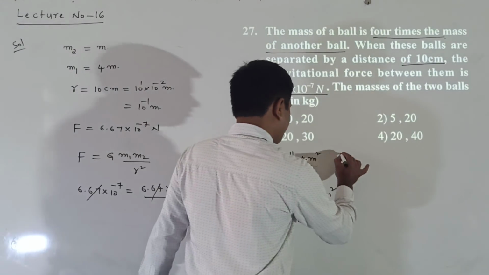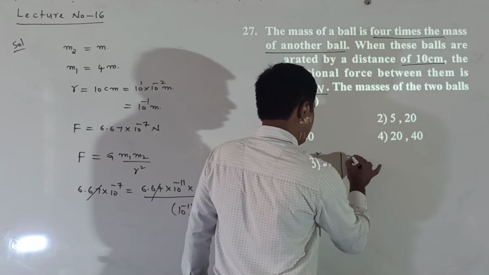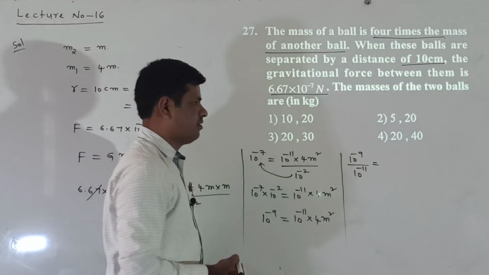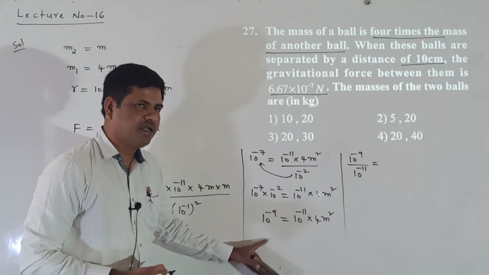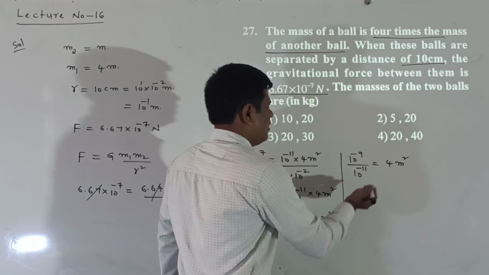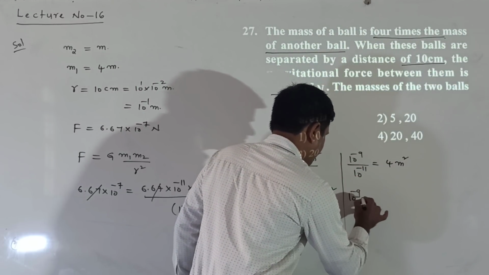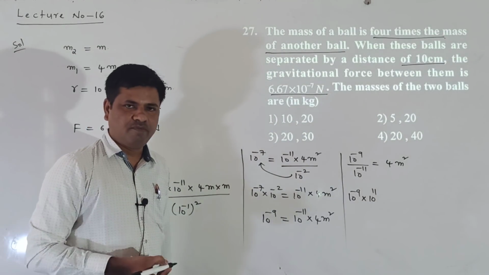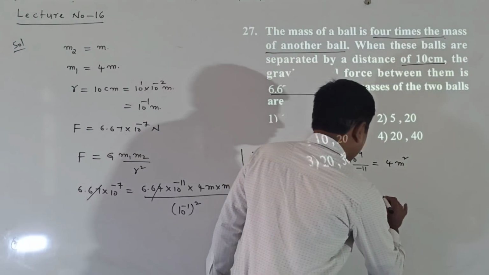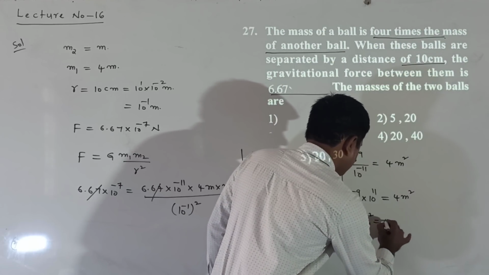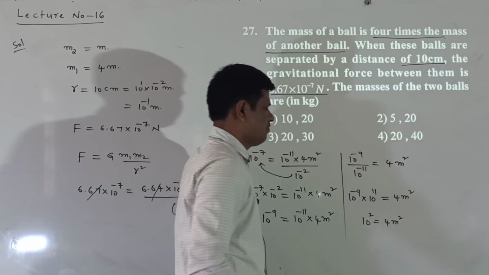From this, 10 power of minus 9 divided by 10 power of minus 11 is equal to 4m square. Taking 10 power of minus 11 to the numerator becomes plus 11, so 10 square is equal to 4m square.